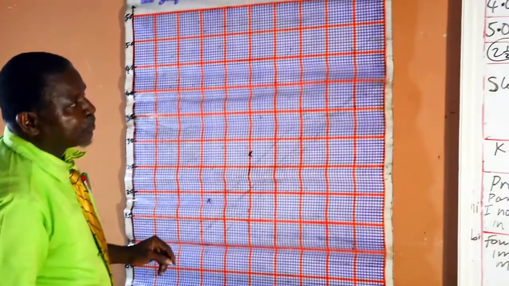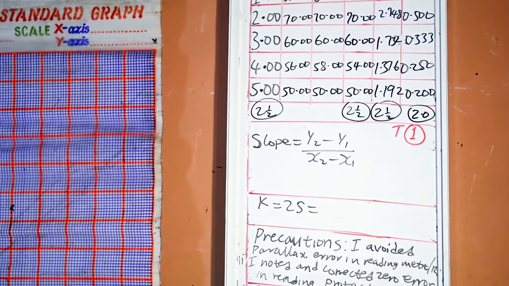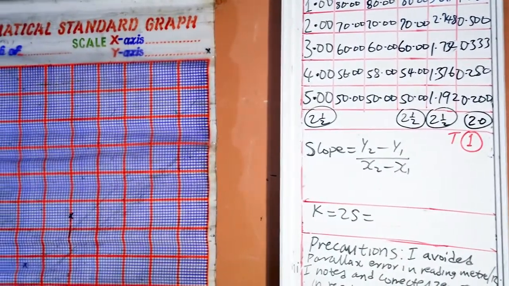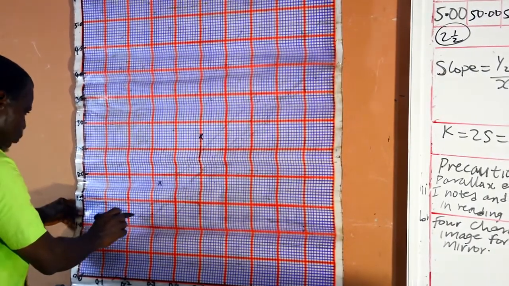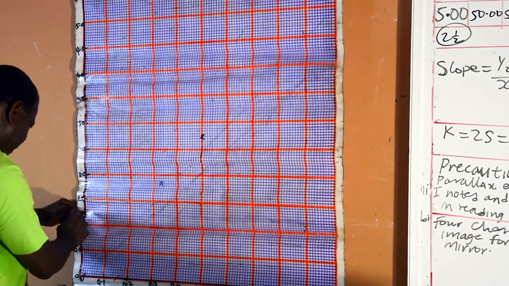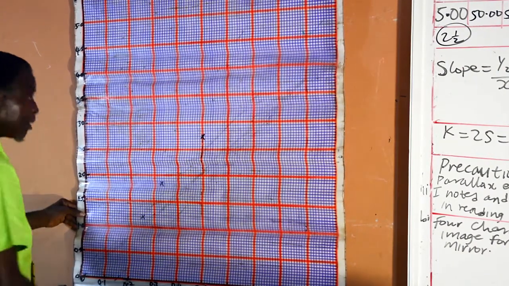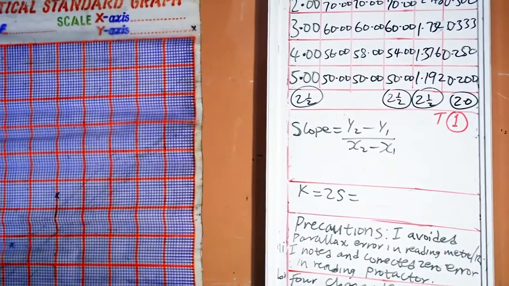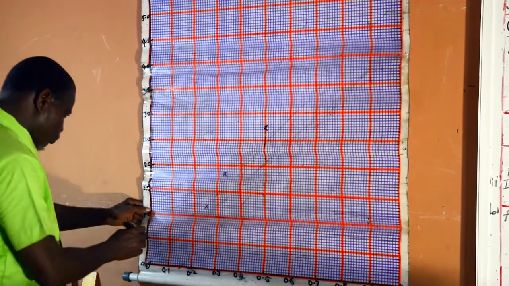Then the next one is 1.38 against 0.25. 1.38, 1, 2, 3, 4 against 0.25. This is 0.3, 1, 2, 3, 4, 5. 1.19 against 0.2. This is 1.2 against 0.2.